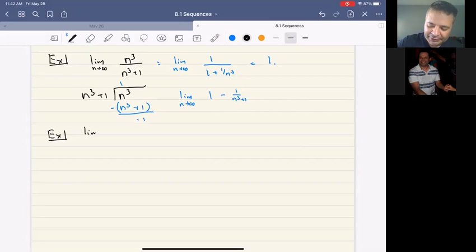Let's take the limit as n goes to infinity of n cubed over n squared plus 1.